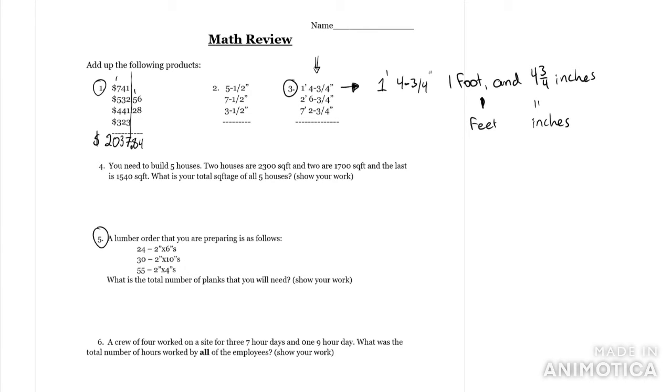So what I would recommend doing here, you're going to add your inches first. You're still going to start from the right, but I'm going to start with these fractions. So I have on the side 3/4 plus 3/4 plus 3/4, which gives me, since they're all the same, I can keep the bottom the same, and I end up with 9/4.